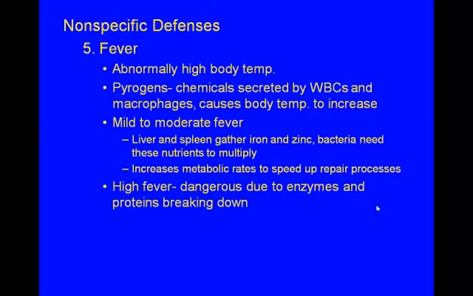Don't self-medicate on that. Now, second thing I want to talk about is mild to moderate fever, especially in children. This is where you need to talk to your pediatrician or your child's doctor and be like, okay, at what temperature do I start giving Tylenol and Motrin? Because what we've seen in the past is parents have a tendency to over-medicate when it comes to fevers.